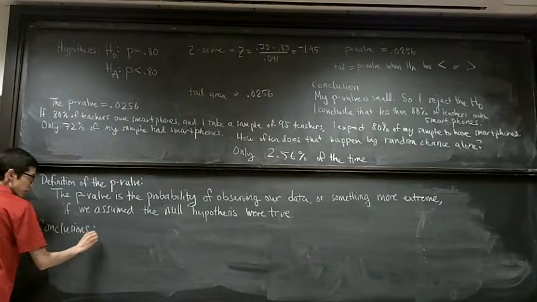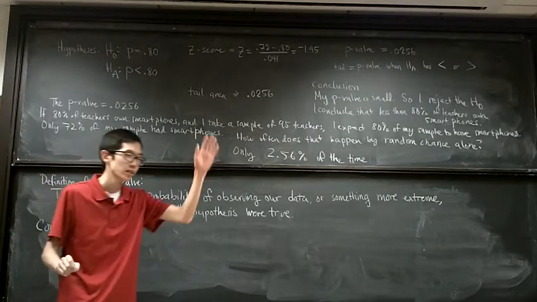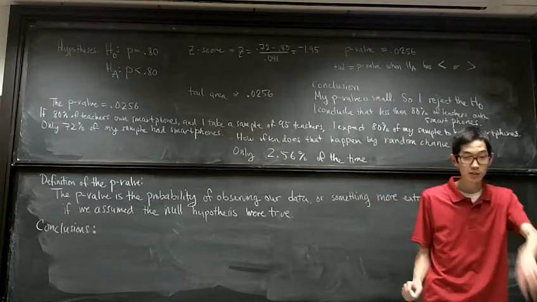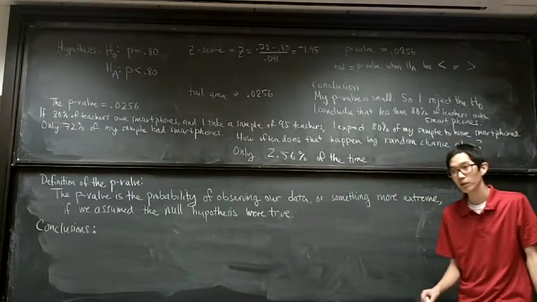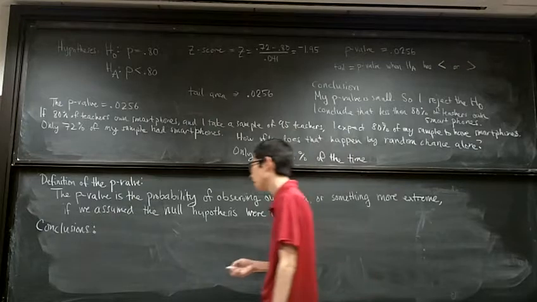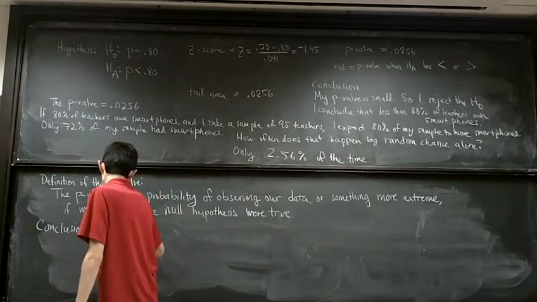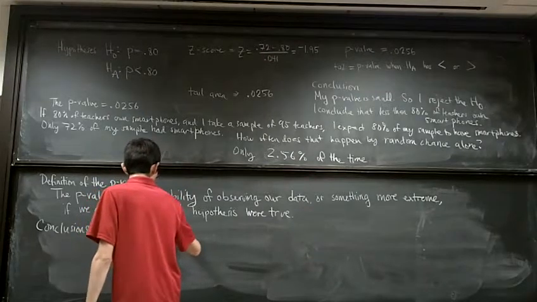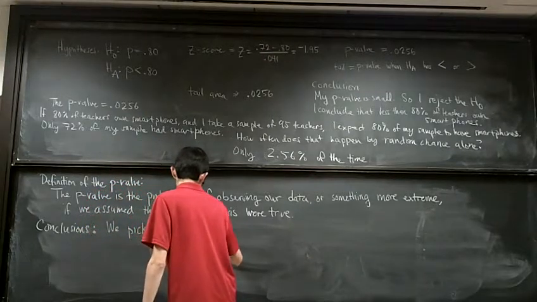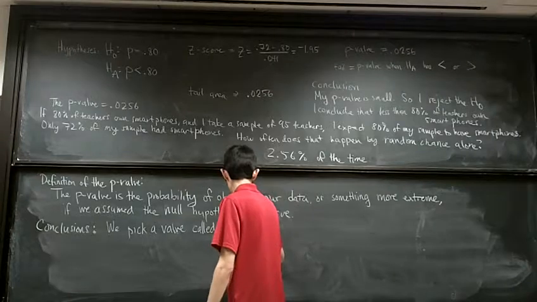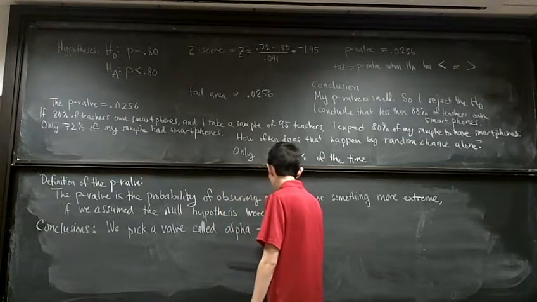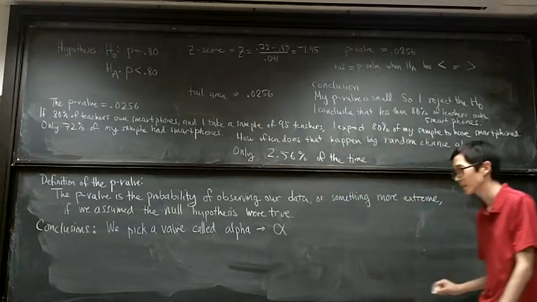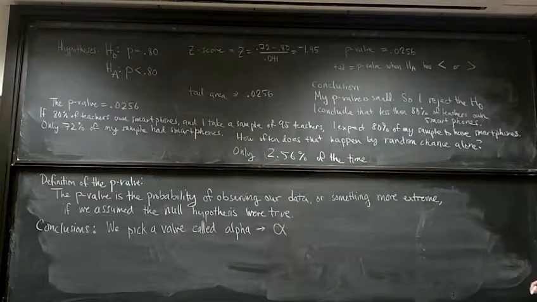We pick an arbitrary value called alpha. Usually alpha is 5%. We pick an arbitrary line in the sand. Alpha looks like the letter A, but maybe like a fish.